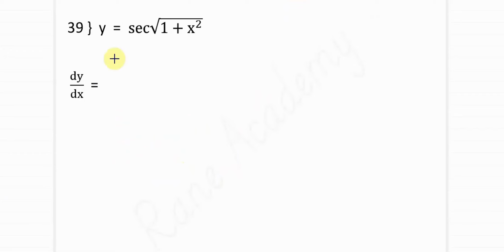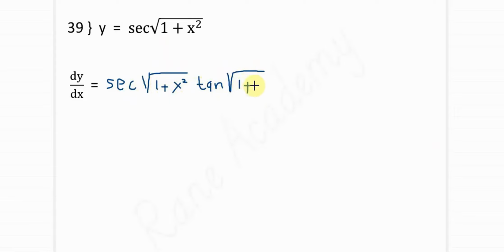Question number 39. We have y is equal to sec of under root of 1 plus x square. So it is of the form sec x. Derivative of sec x is sec x tan x. So instead of x we have under root of 1 plus x square, so it is sec under root of 1 plus x square, tan of under root of 1 plus x square.